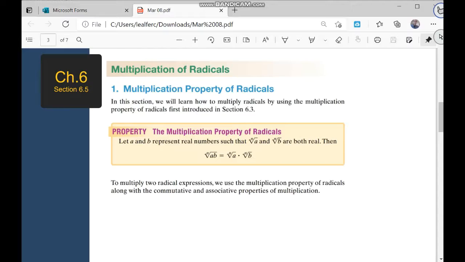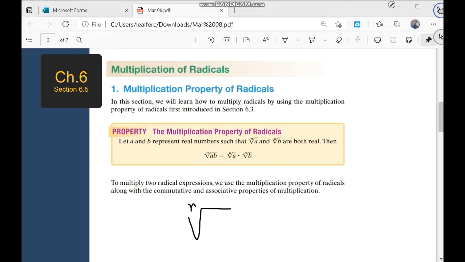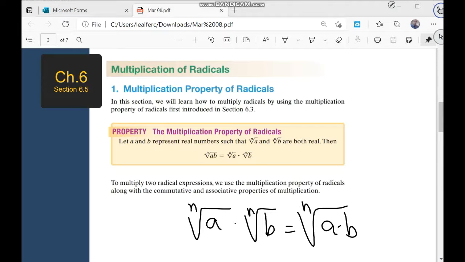Remember, you can have it this way: nth root of A times B equals nth root of A times nth root of B. But sometimes you're going to use the other way around: nth root of A times nth root of B equals nth root of A times B. We will work on the quiz, on several examples, on several questions, and you're going to see that to simplify, to find the right answer, sometimes we will start doing it this way, then we're going to finish doing it that way.